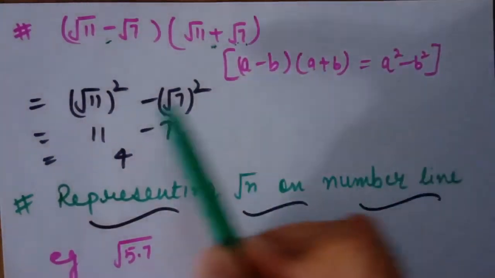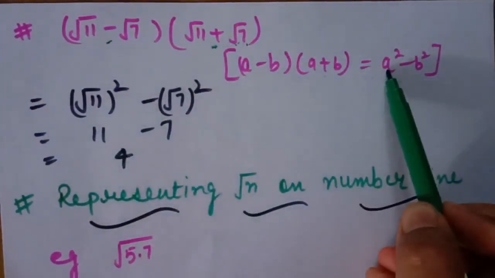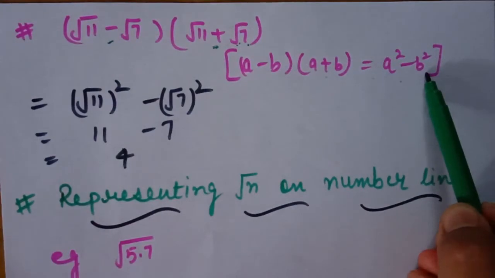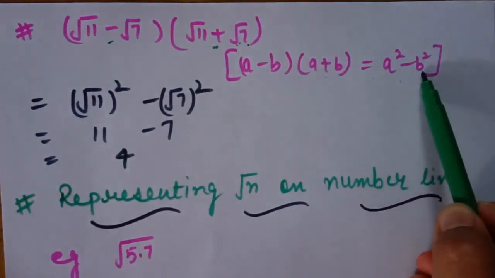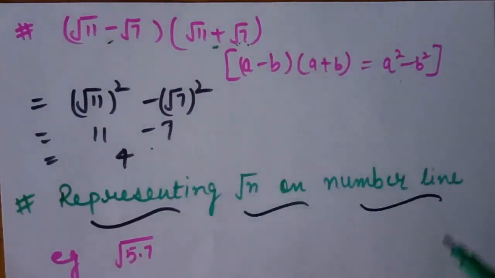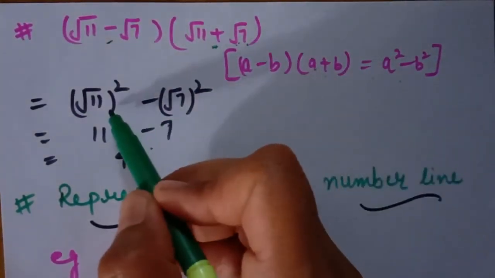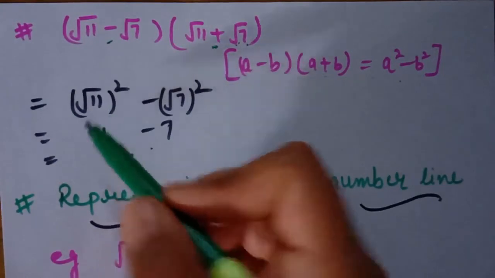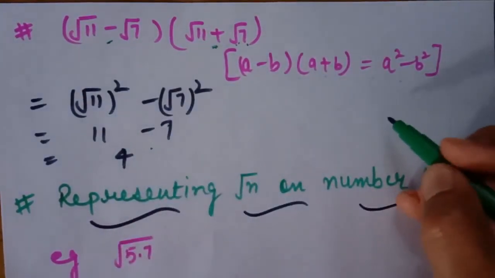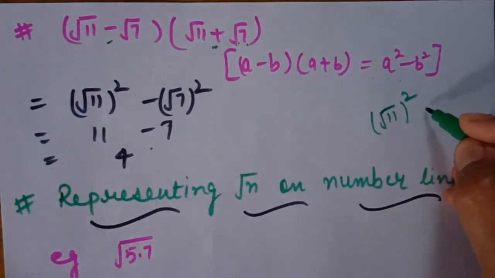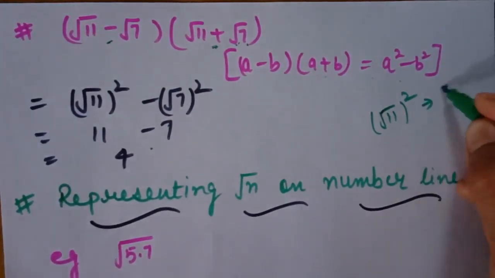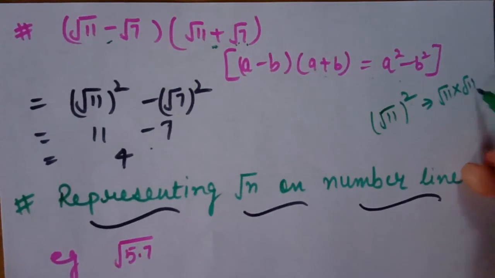So we only replace the value of a with root 11 and the value of b with root 7, and then solve it. And some of the students, if they did not see the lectures of polynomials, may wonder how root 11 square becomes 11, because square means a number multiplied by itself. Root 11 into root 11 is 11.